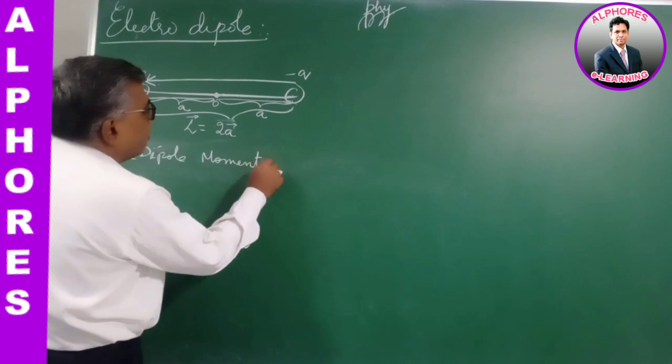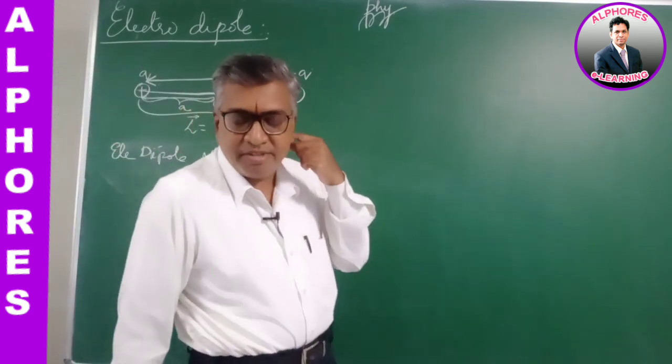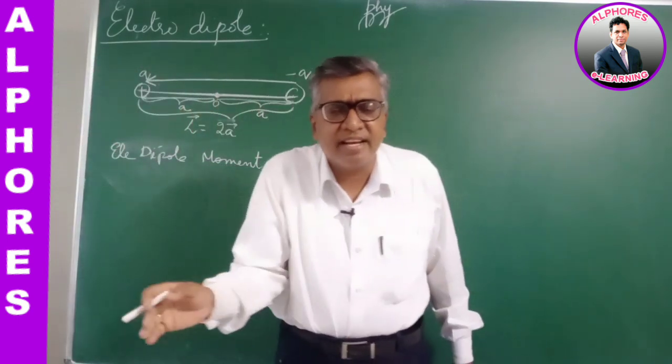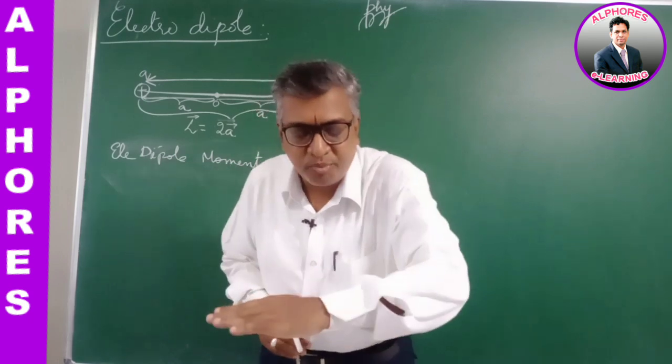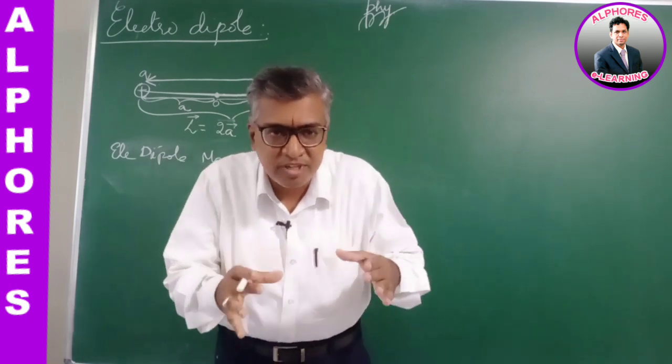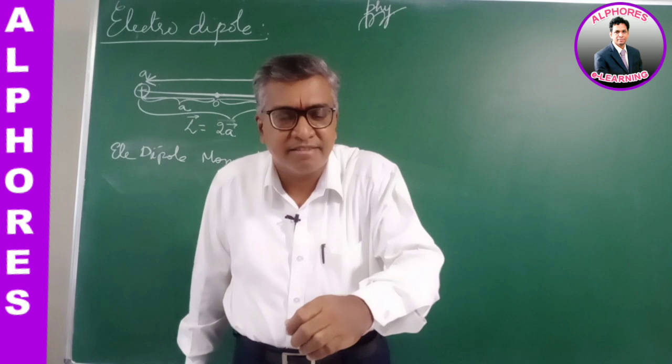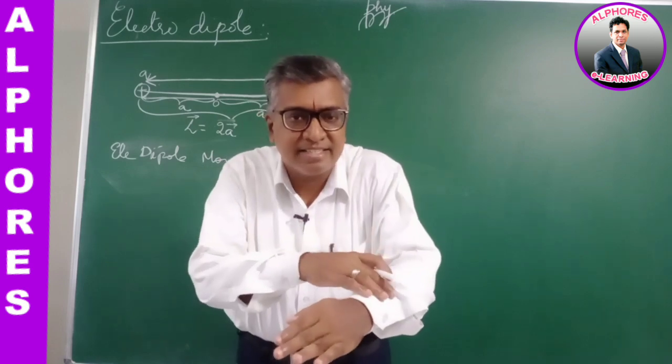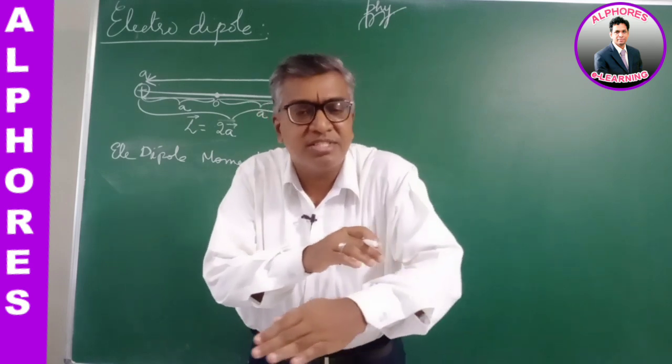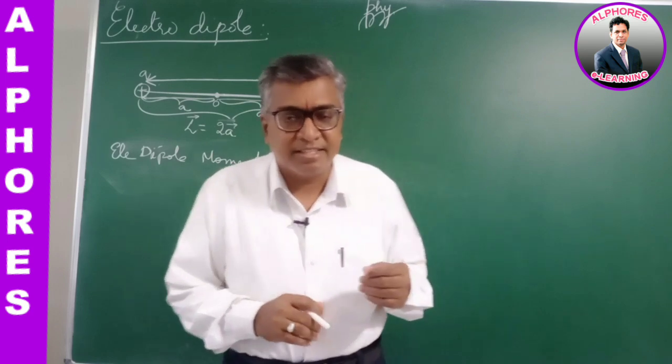Electric dipole moment. In first year we learned that moment is a turning effect. When a dipole is placed in an electric field, it doesn't stay at rest. It oscillates, it has a turning effect.